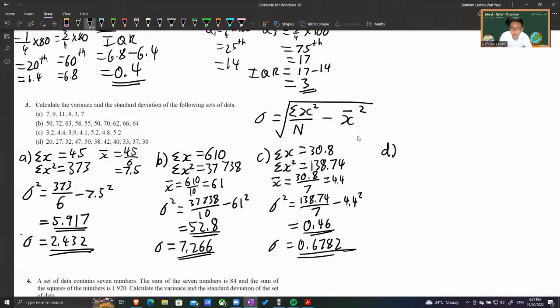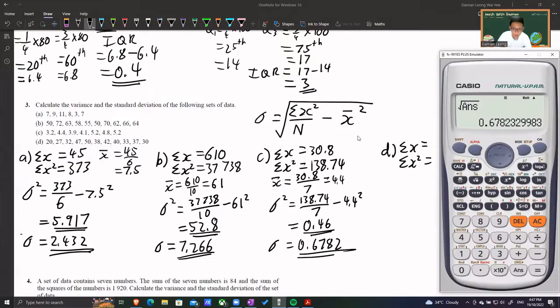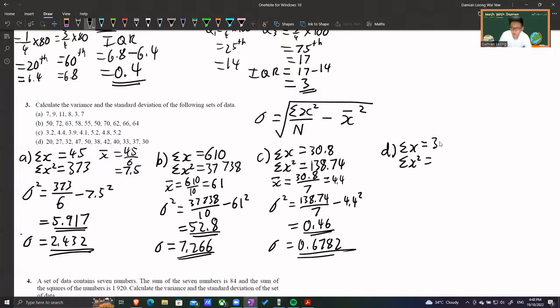And for part D, same thing as well. First, we list out the sum of x. So 20 plus 27 plus 32 plus 47 plus 50 plus 38 plus 42 plus 40 plus 33 plus 37 plus 30. 396.